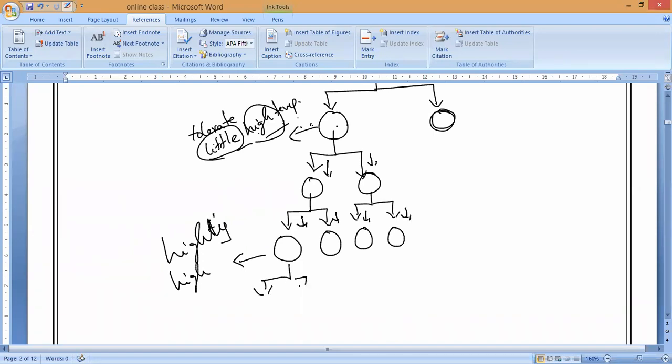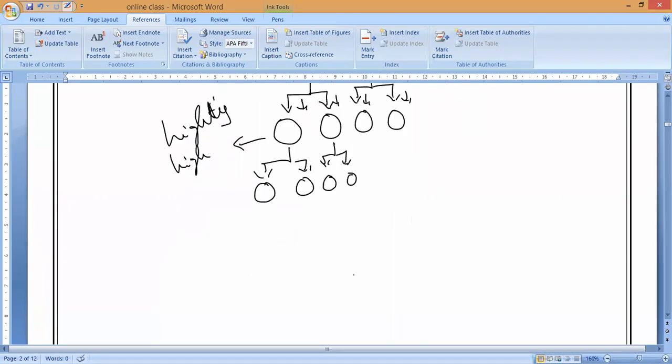Finally at a certain stage, the generations produced by these offspring can resist even extremely high temperature, and they can survive at very, very high temperature. So this is what we call accumulation of variations.